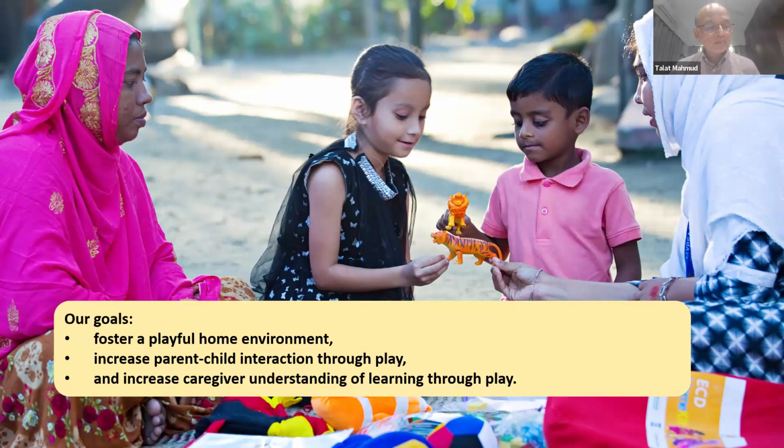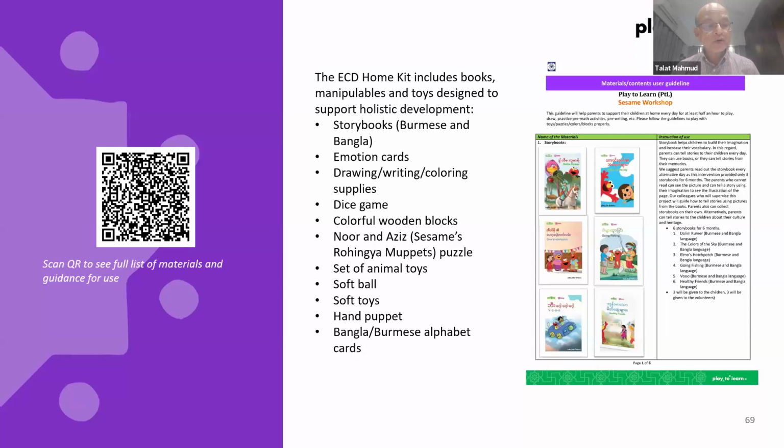So Sesame Workshop, in consultation with the camp community and caregivers, developed an intervention which we call the ECD Home Kit intervention, designed in 2022 particularly for child development at home, to promote a playful home environment as well as active engagement of parents with children, and support them in healing.